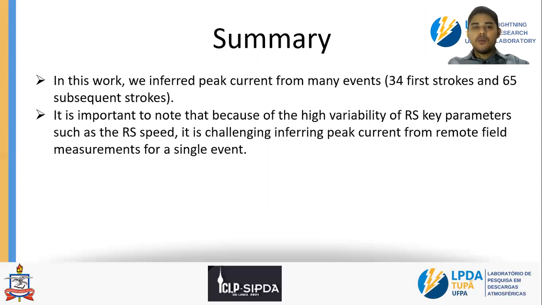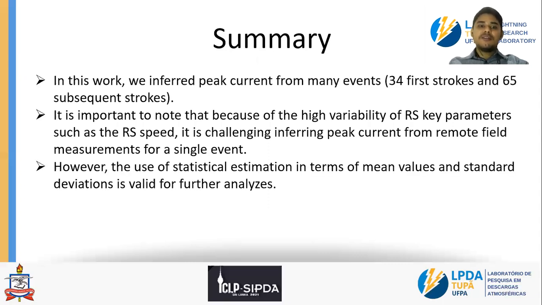So that's why when we compare the results for single events, we can find very high errors. However, the use of statistical estimation in terms of mean values and standard deviation is valid for further analysis.